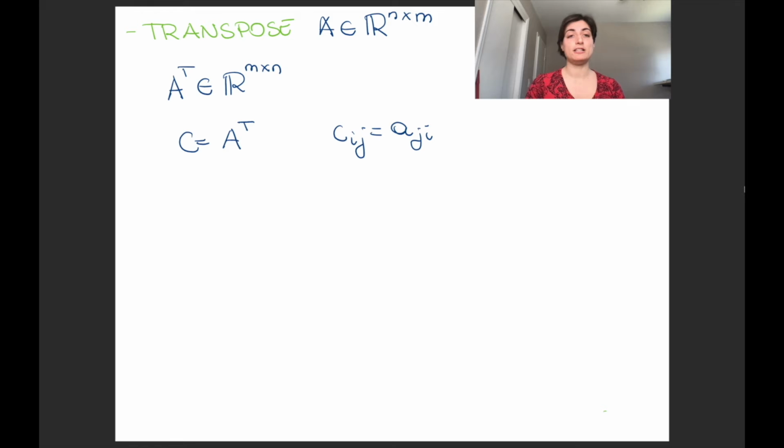We also define transposes. If A has n rows and m columns, the transpose has m rows and n columns, so we flipped. And we define it as the flipping of indices. So the transpose at index ij is the original matrix at position ji.